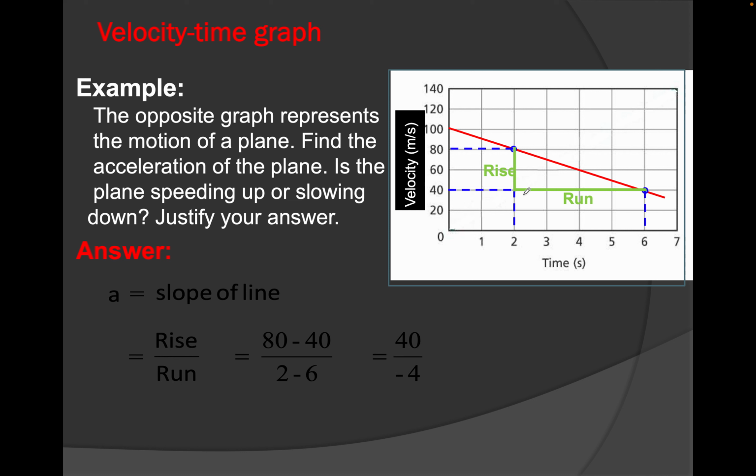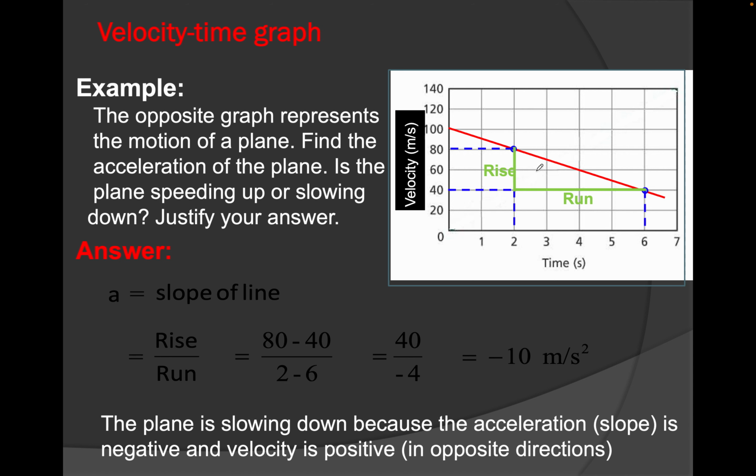And you will get 40 over 4. And then you will get 10 meters per second squared. Very nice. It's slowing down because it is going in the negative side. So we have 10 meters per second squared and he is slowing down.